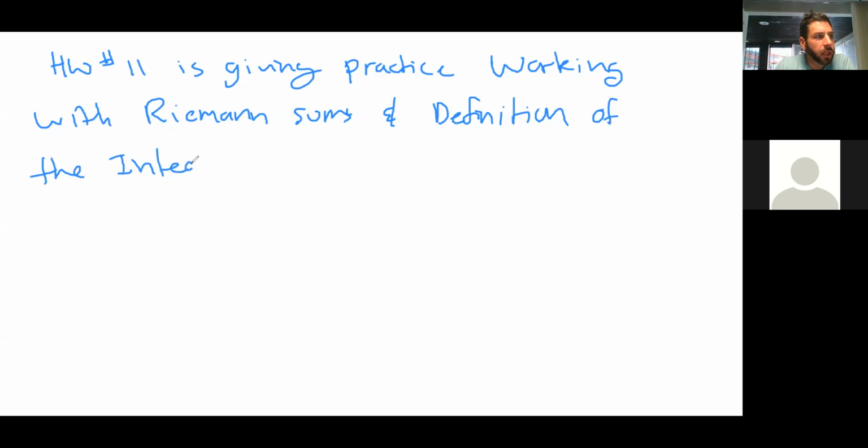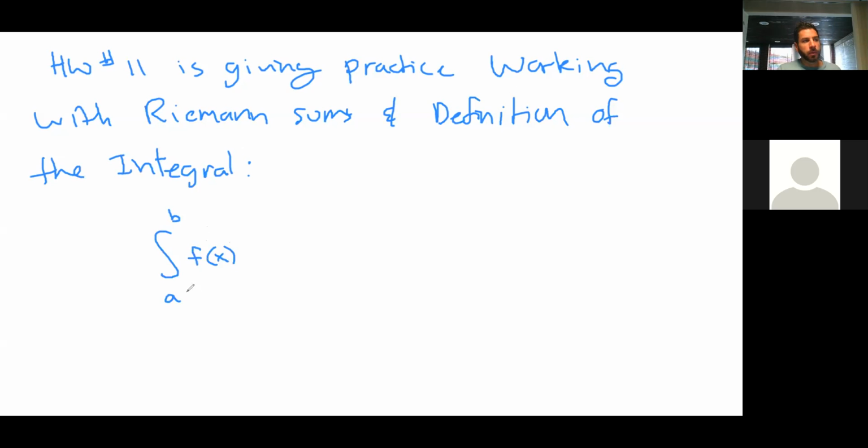So let's not forget what this definition is, because it's actually quite complicated. We have this new symbol, this elongated S, which is called an integration symbol.